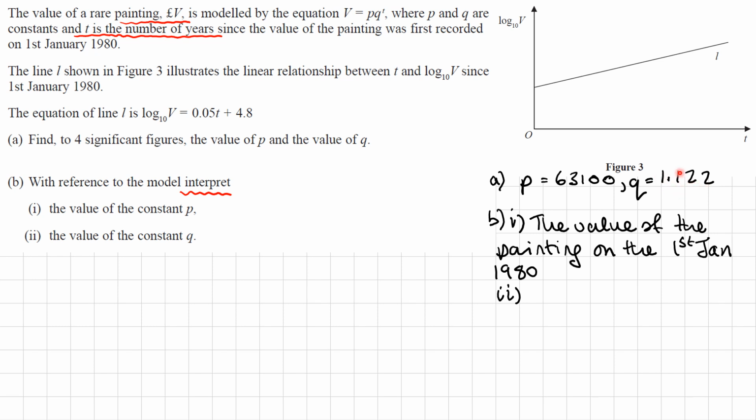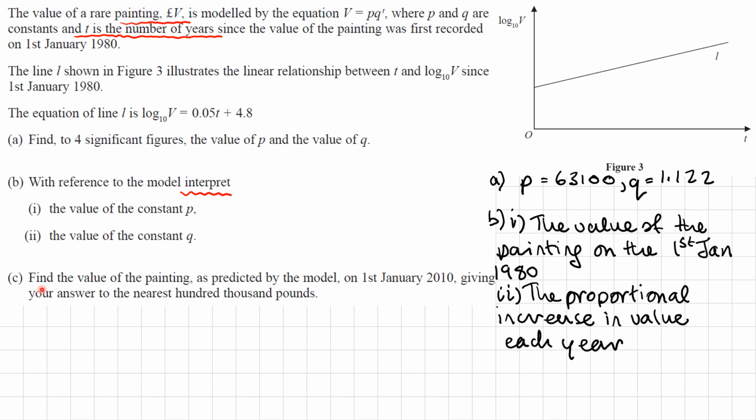So it's a bit like a multiplier that you would get when you're doing something like compound interest, except here this means that we've got a percentage increase in price of about 12.2% each year. So we can describe that by saying that it's the proportional increase in value each year.